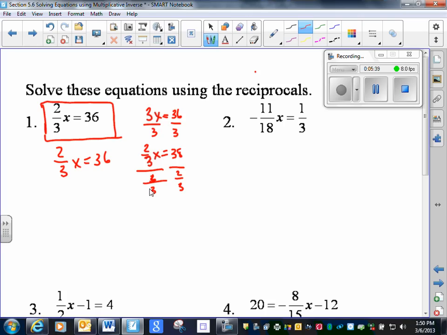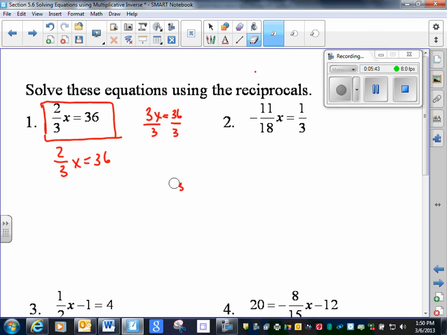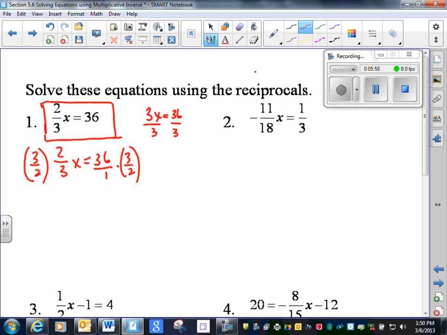So really what we're going to do is not write it like this. We are going to write it as the multiplication of the reciprocal, which is what we do when we divide by a fraction. We invert and multiply. And if you multiply both sides by the reciprocal, this guy is the reciprocal of this guy.